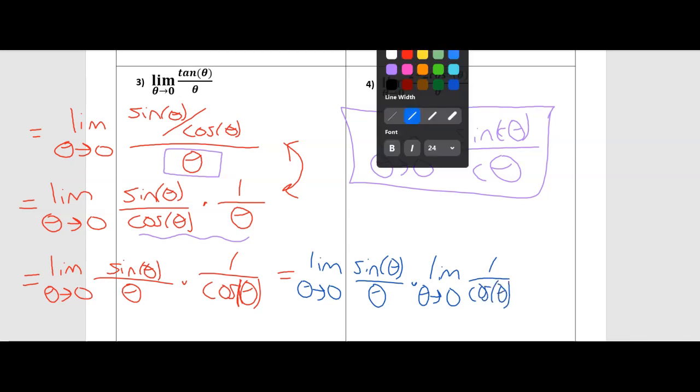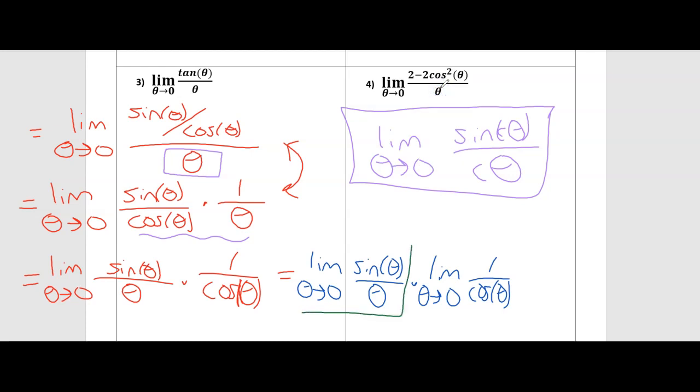Now, we can simplify this limit, right? We know that's equal to 1, and then we can evaluate the limit involving the cosine. So we have 1, and I'm going to use direct substitution on the other, times 1 over cosine of 0, which is equal to 1 times 1 over 1, which is equal to 1.